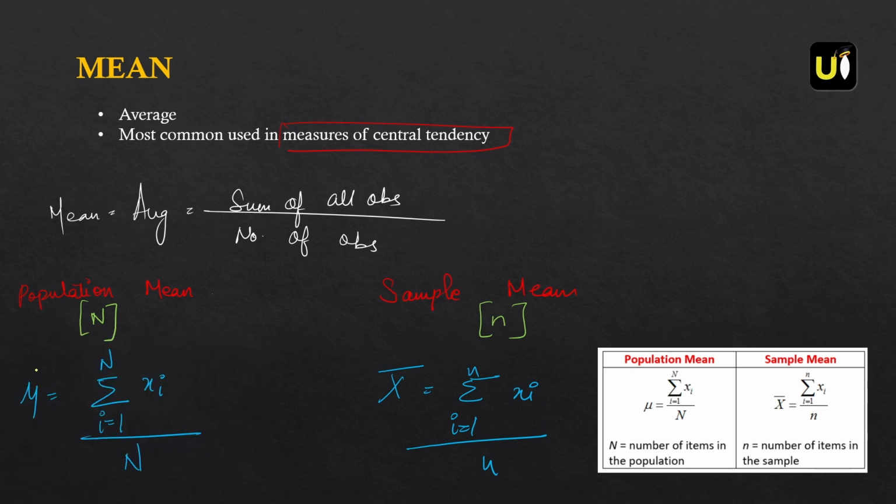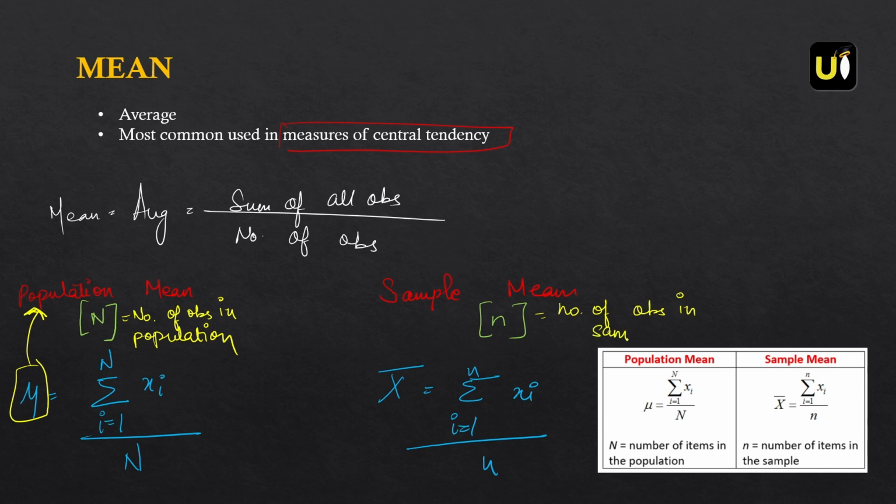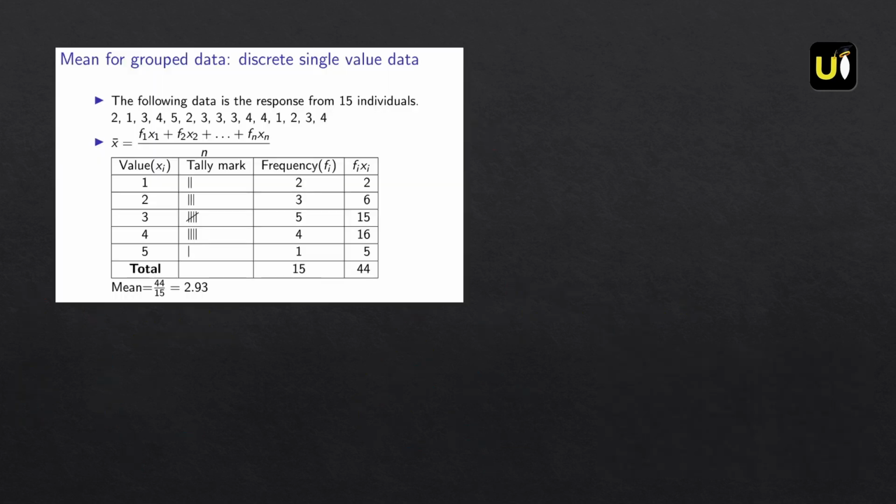Here mu is denoted as population mean, and capital N is the number of observations in the population, and small n is the number of observations in the sample. This is denoted by x bar, that is sample mean.